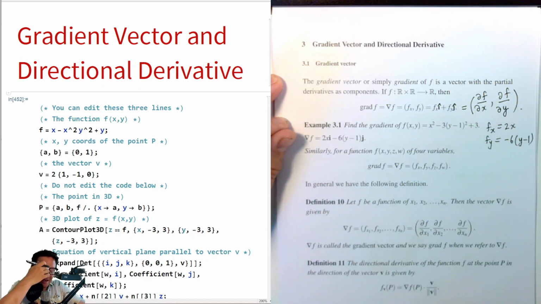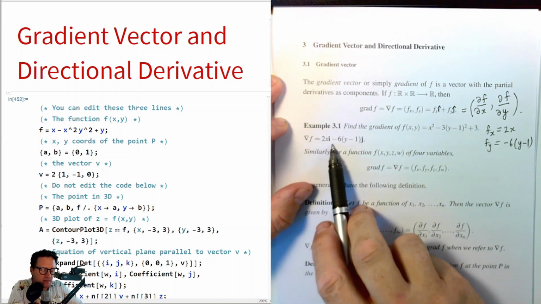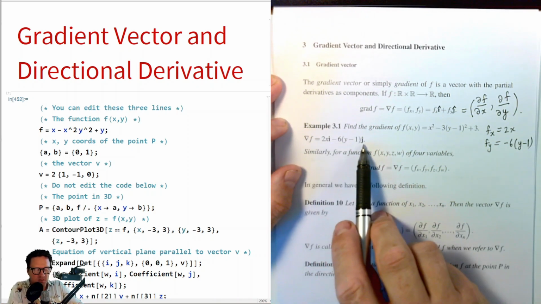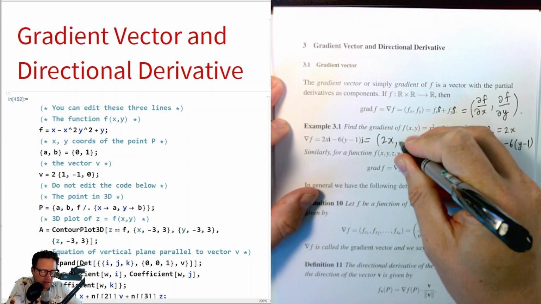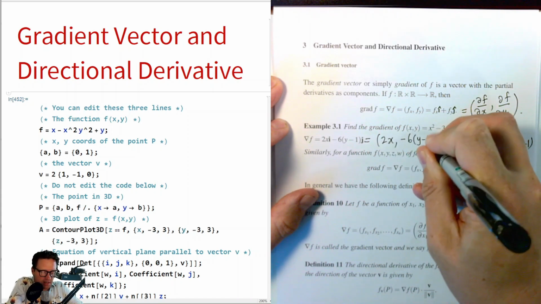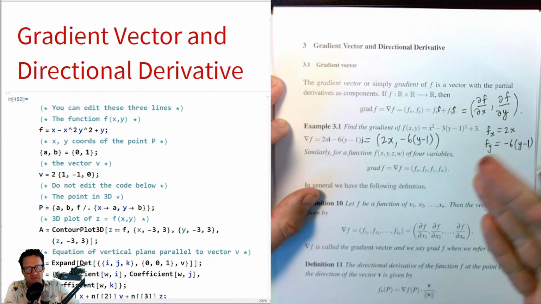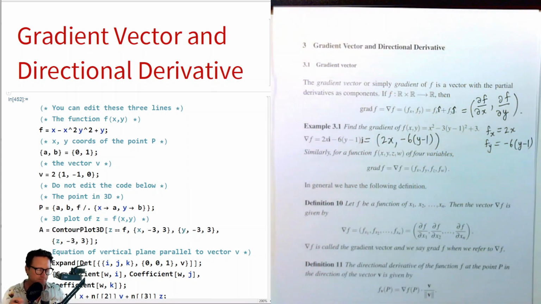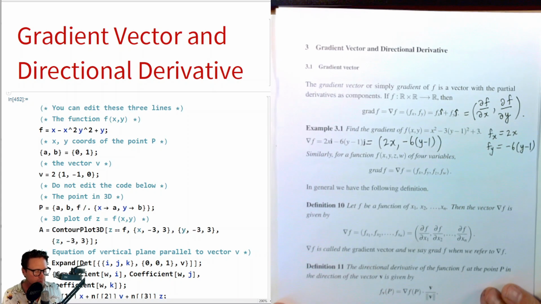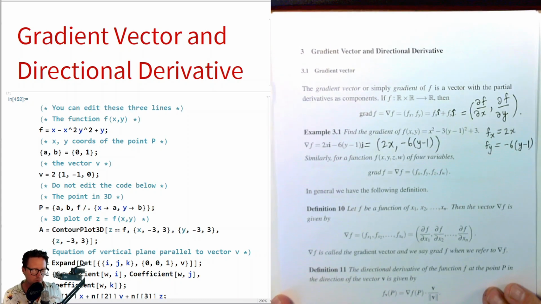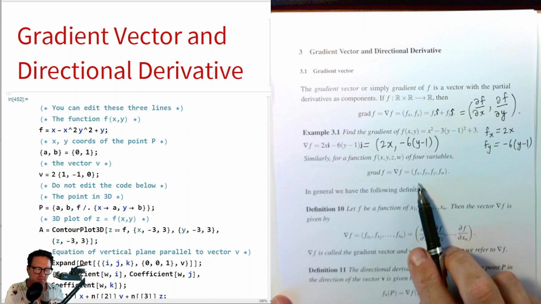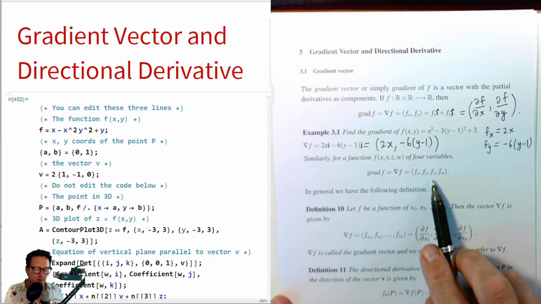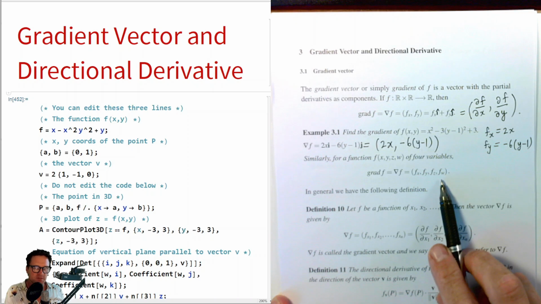Okay, then in this case, we've got 2x times i hat minus 6(y minus 1) times j hat, and I like to write this as the vector 2x comma minus 6(y minus 1), right? But again, if you want to write this as a vertical vector, go for it. Similarly, for a function of four letters, x, y, z, and w, grad f, nabla f is f subscript x, f subscript y, f subscript z, f subscript w.